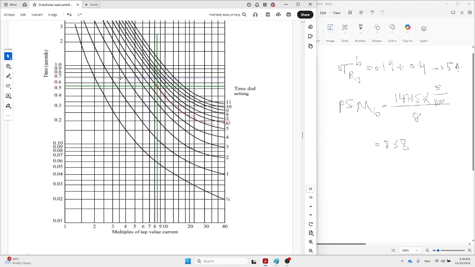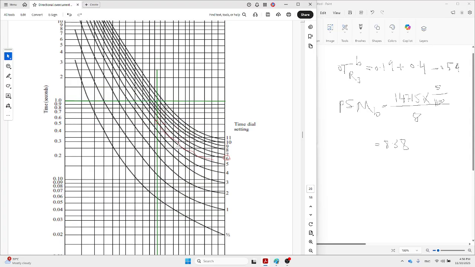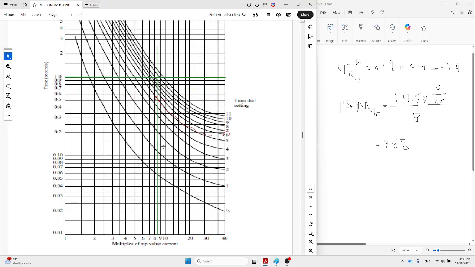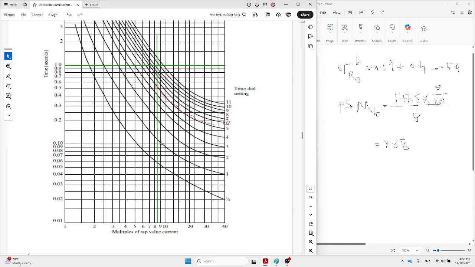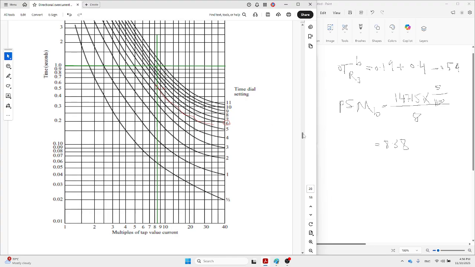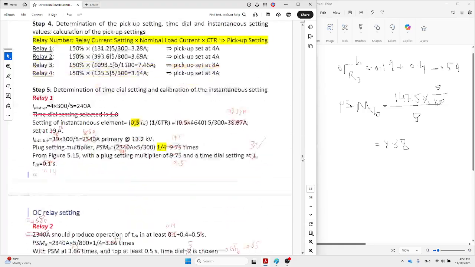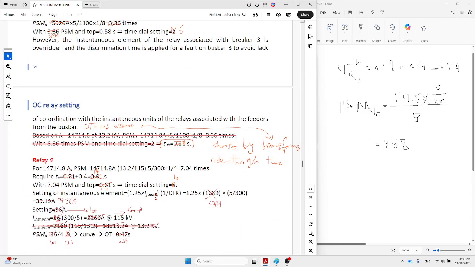The operating time for that one is considered as 1. So the PSM, what is the value? It was 1 second, and the PSM must be calculated again here. Assume the operating time for that relay is still 1. That is already done. We have to back up relay 4 for this one.